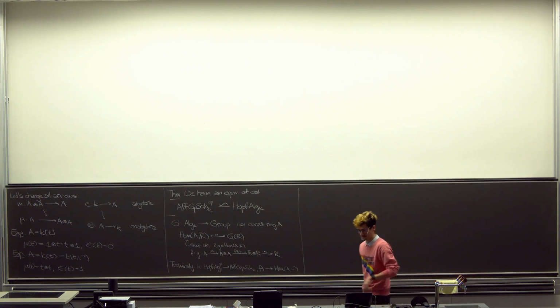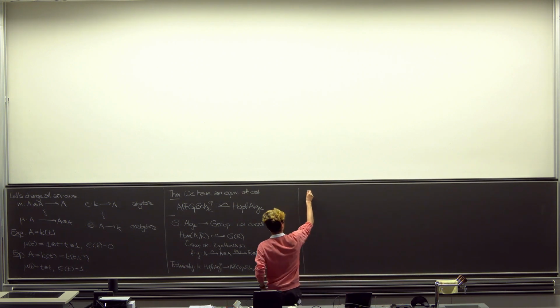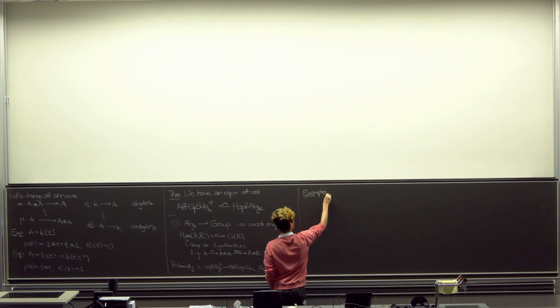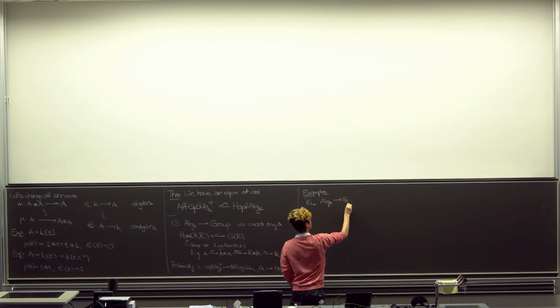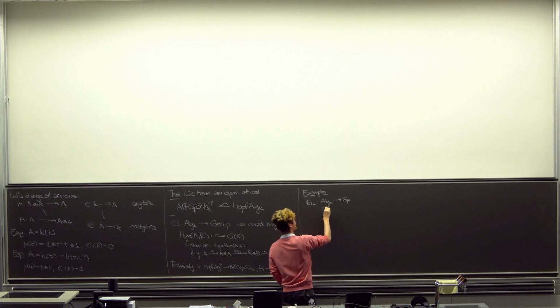Okay, what about some examples of affine group schemes? So the examples that I have are pretty simple. For example, G_m, which is called the multiplicative group, which goes from the algebras to the groups. And I just say that I send R to the units.